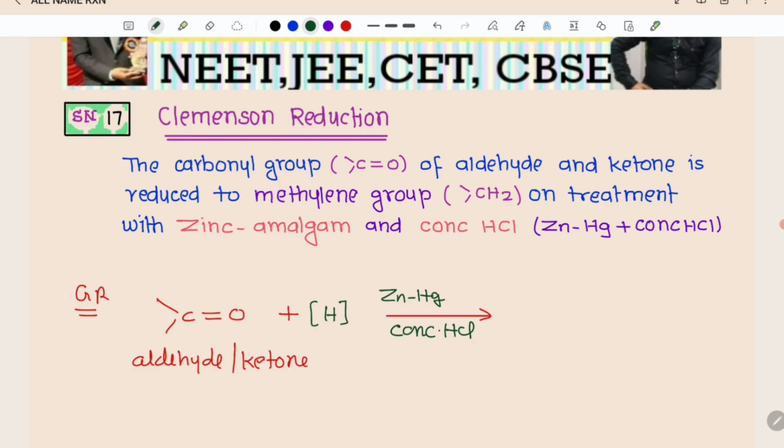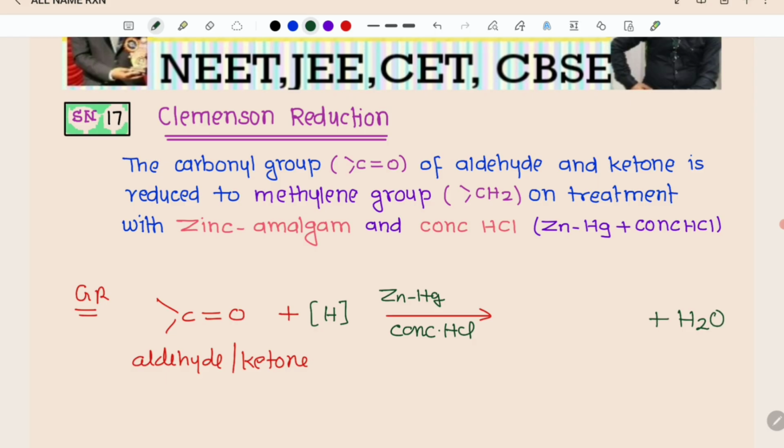Reduction means this oxygen will be removed from here, and when oxygen goes out, it needs two hydrogen atoms, so it forms water.